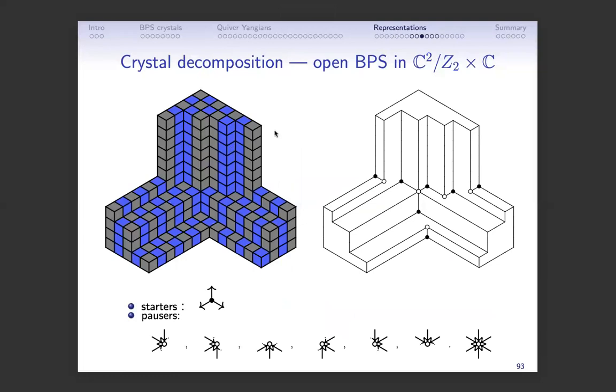This is an example for the case we considered before. This is the open BPS states with these three asymptotics. You look at the projection of this, and you see where the positive and negative crystals have to be. The black dots are starters, which are the starting points of the positive crystals, and the white bits, so-called pulsars, are the starting atoms of the negative crystals.